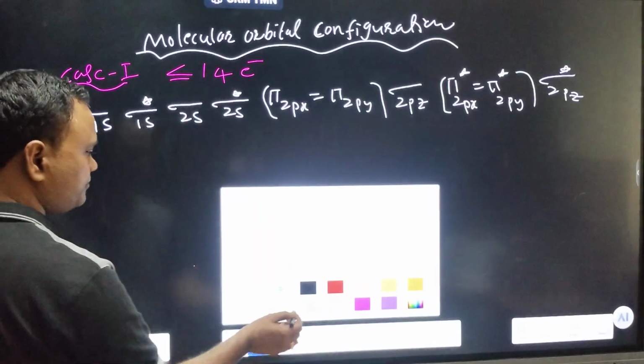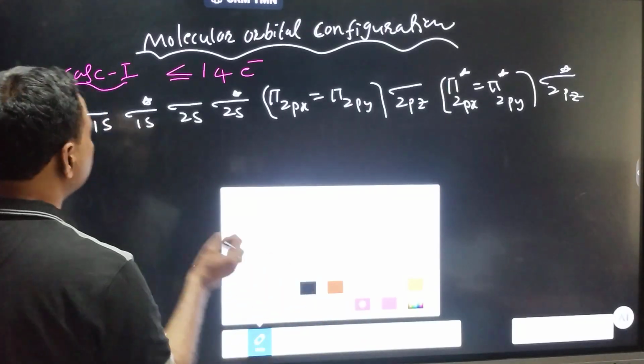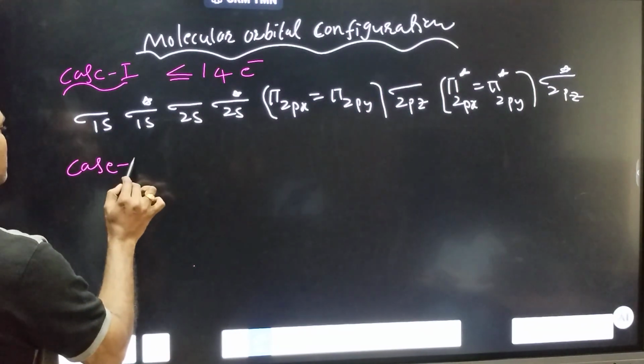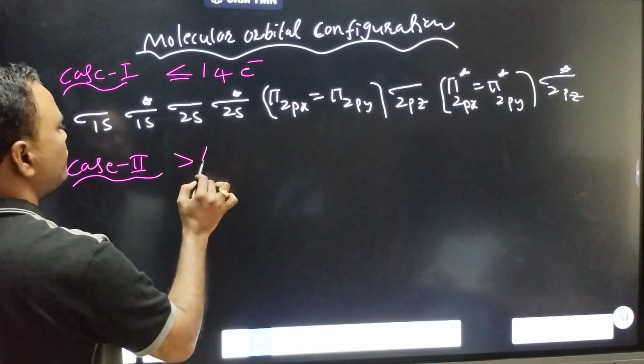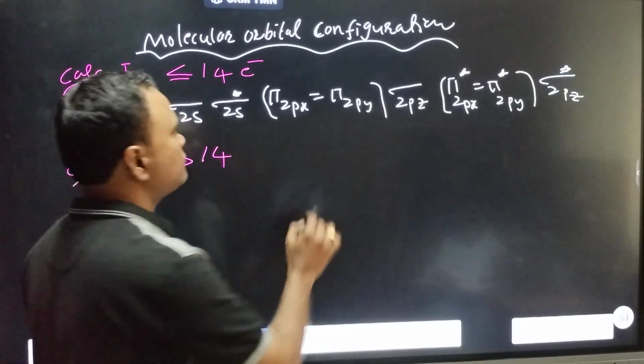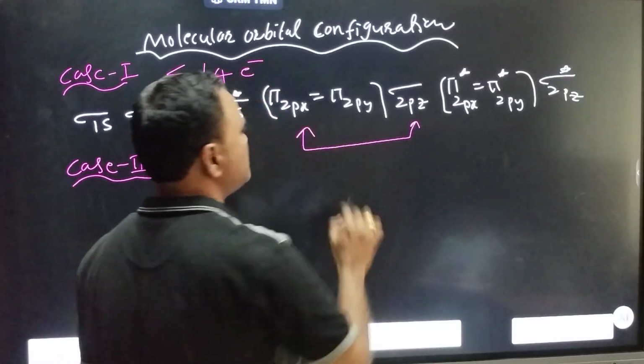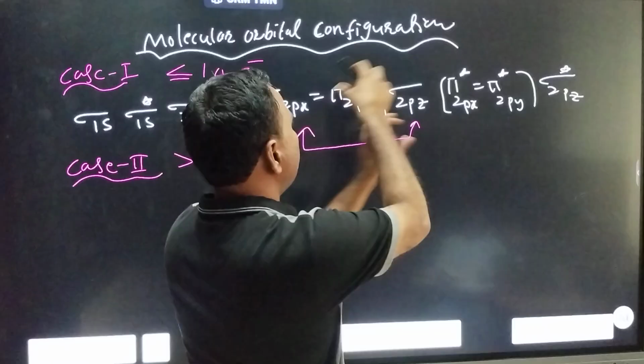Case 2, greater than 14. See, swap these two. The remaining is the same. Just swap like this.